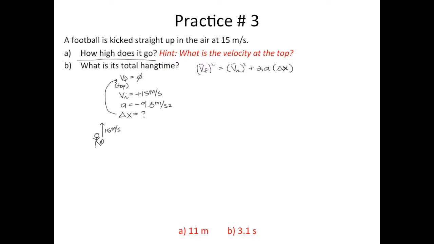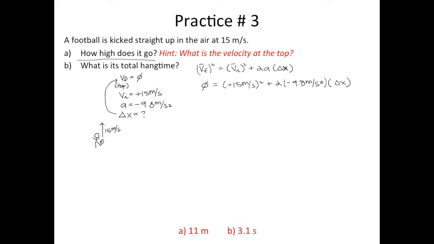So plugging in our values, v final is 0, so 0 squared is just 0, equals positive 15 meters per second squared plus 2 times negative 9.8 meters per second squared, and the displacement is what we're looking for.